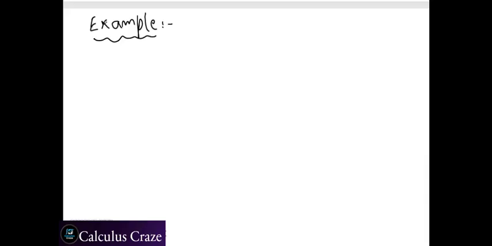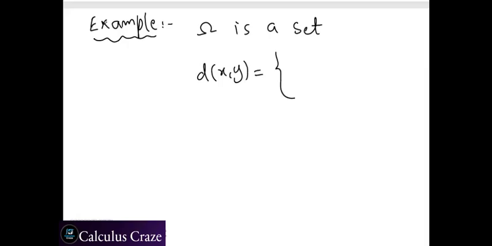The first simple example that I will take is: let omega be any set, and I define the distance between x and y to be 0 if x is y, and 1 if x is not y.